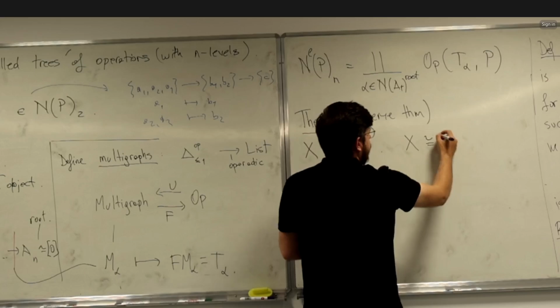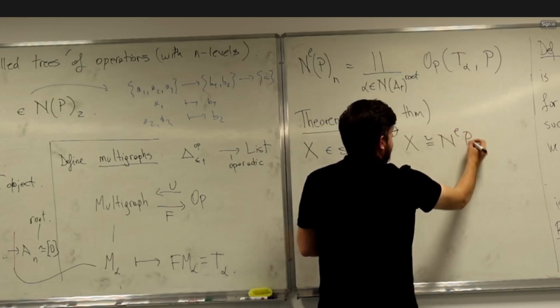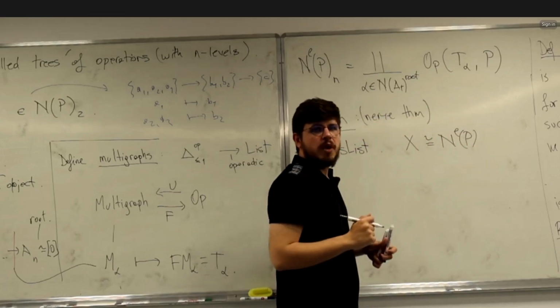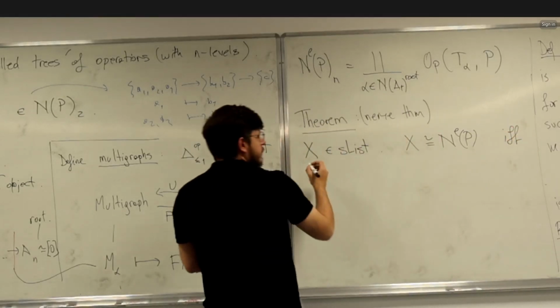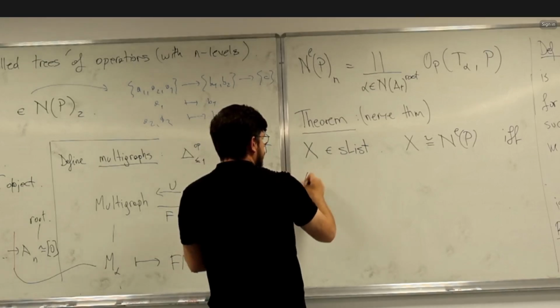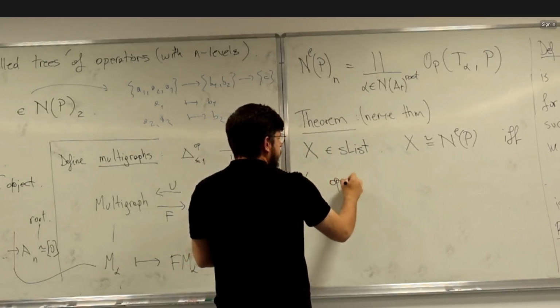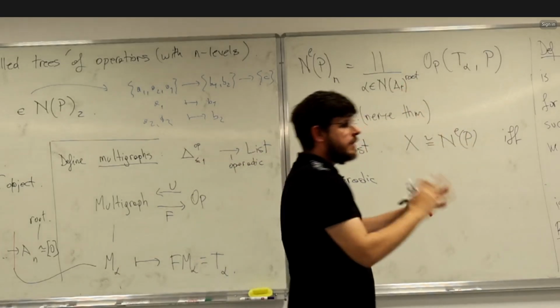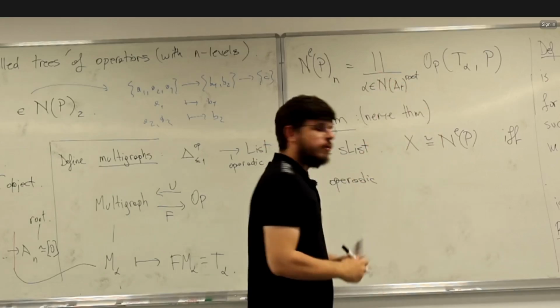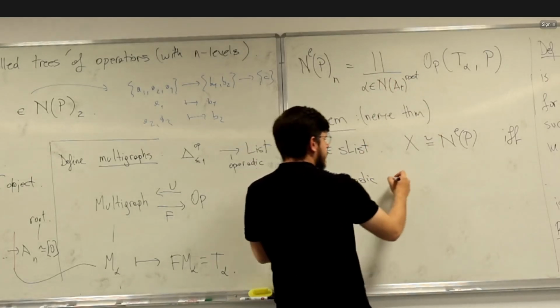Then we have X isomorphic to the nerve of some operad if and only if X is operatic, right? The condition of being operatic means it sort of looks like an operad, right? Shape-wise.